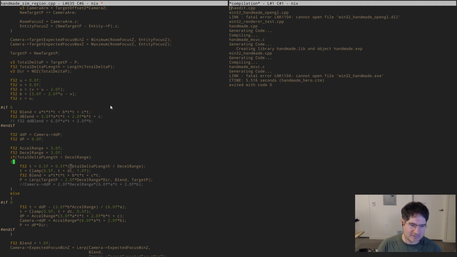So that would be saying, okay, I know that I want to have an acceleration proportional to this t value anyway, because I can't really solve for the actual t value without a lot of stress.